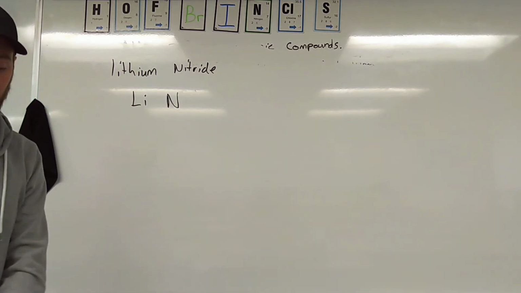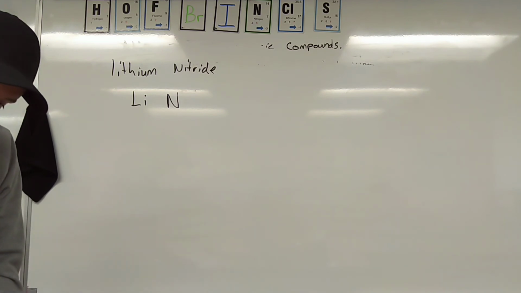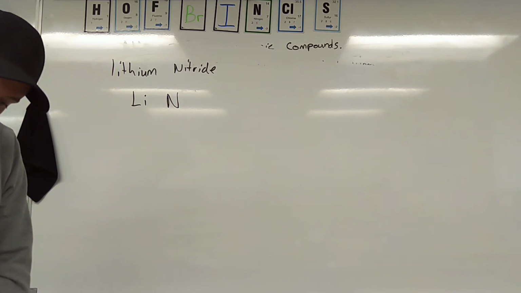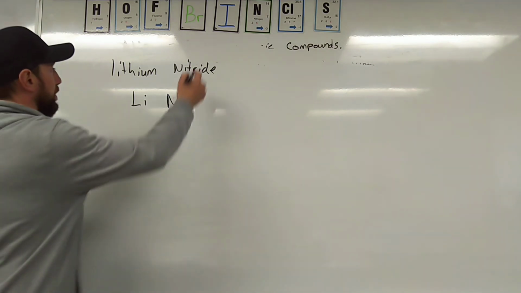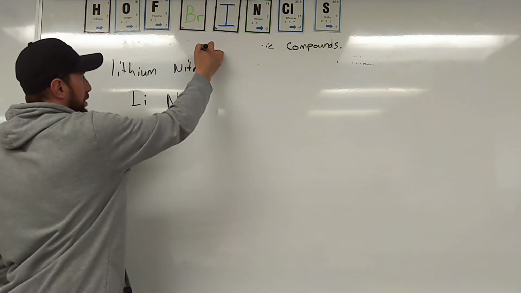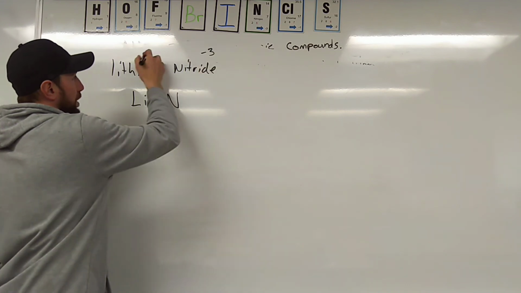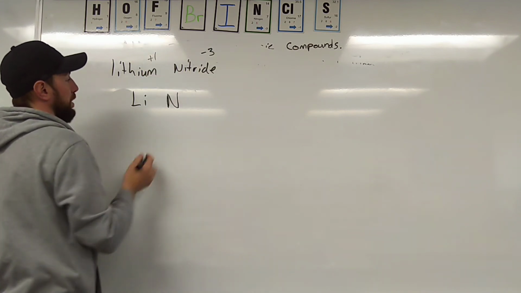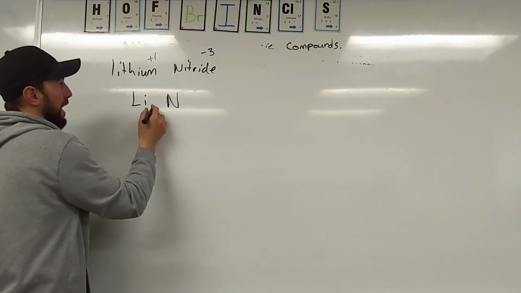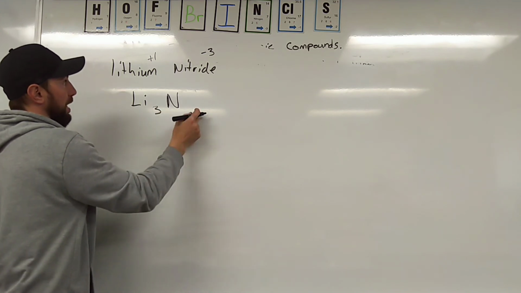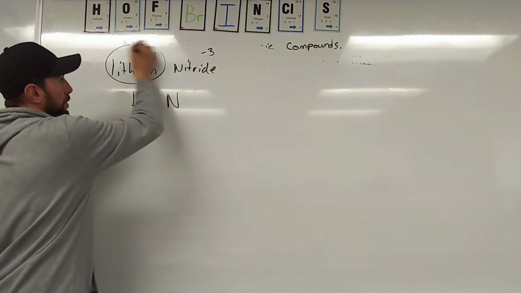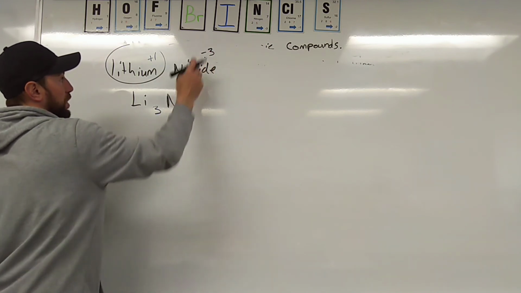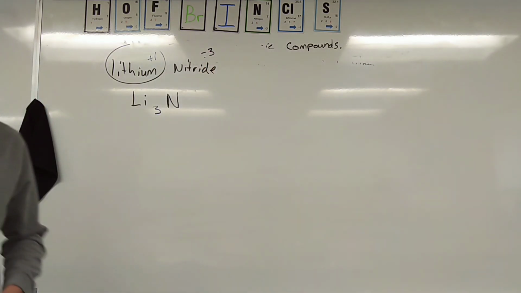So we look at your periodic table with its charges, and nitrogen, I believe, is -3, and lithium is +1. So it would be Li3N, because you need 3 lithiums to balance out with the charge of that. Okay?